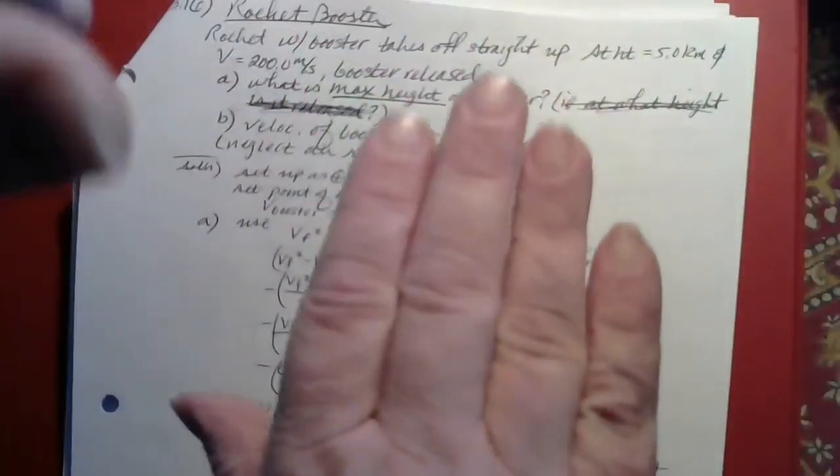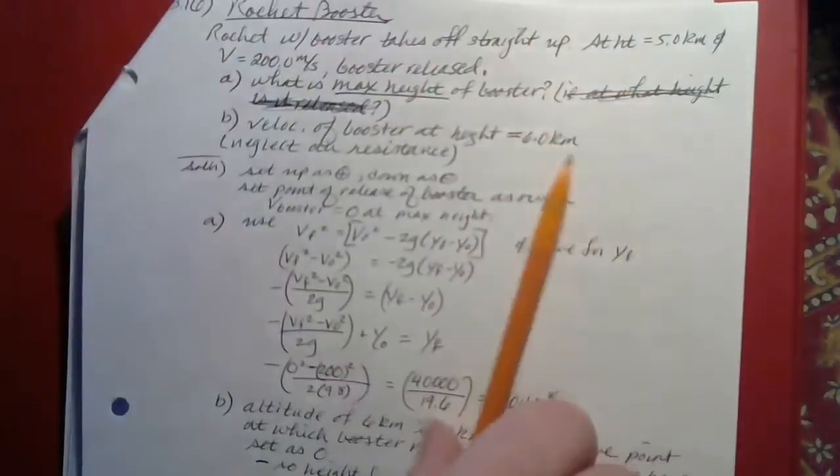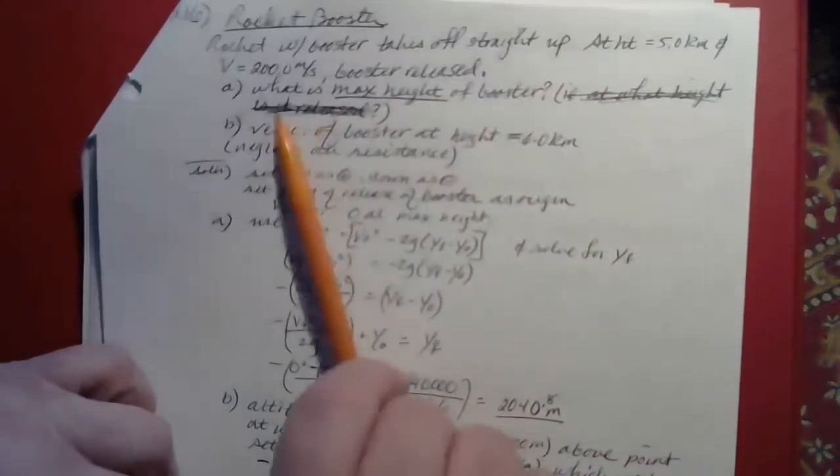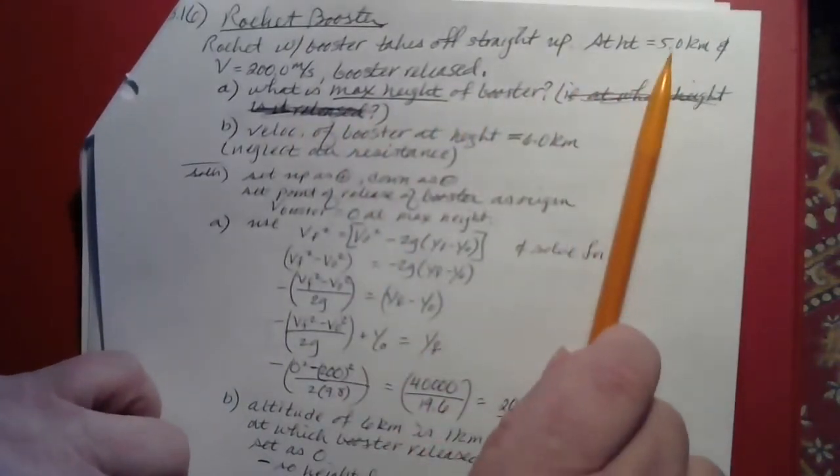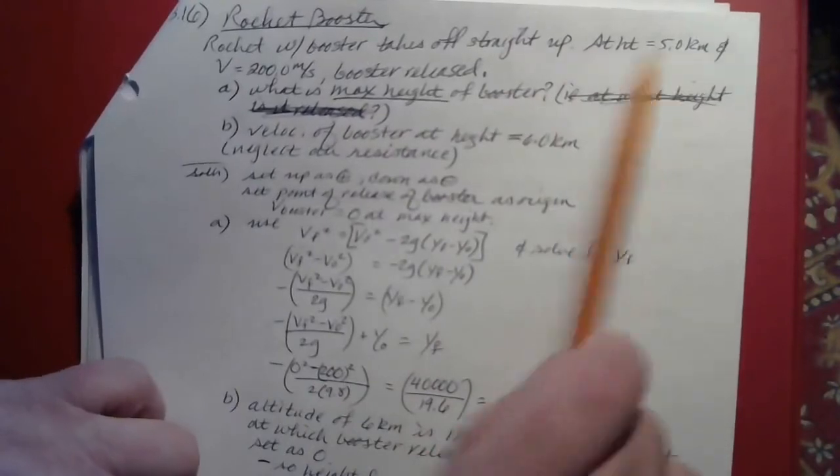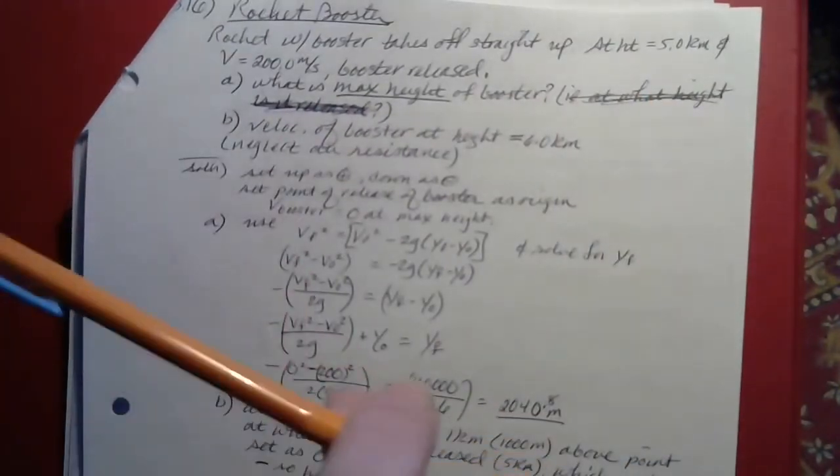So the booster is going to continue rising a little bit more before the pull of gravity causes it to stop and start falling again. So the maximum height of the booster is actually going to be a little above 5 kilometers. So we have to see how far above.